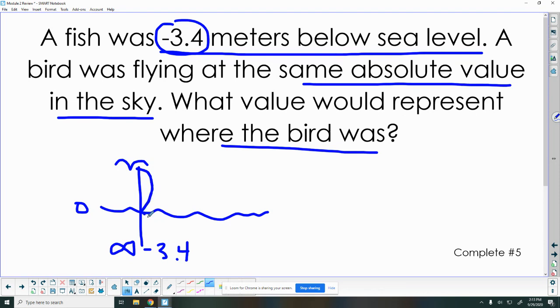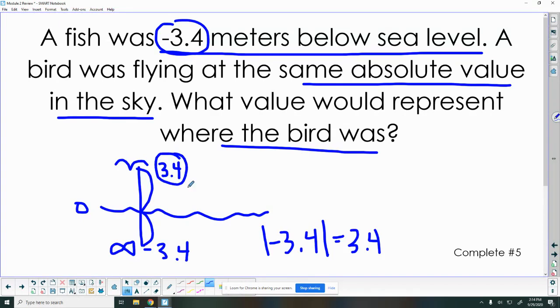So this distance and this distance are the same. So the absolute value of negative 3.4 is 3.4. So that means this bird is the same absolute value up in the sky. So its value is 3.4. Let's go ahead and pause the video and try number 5.